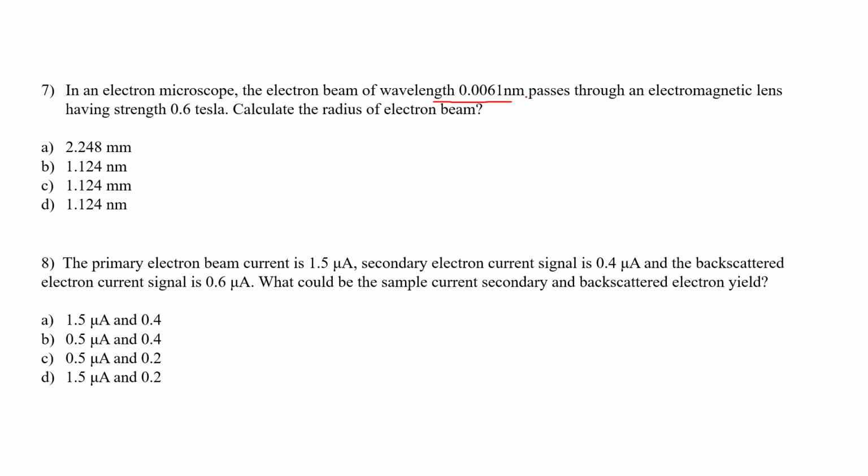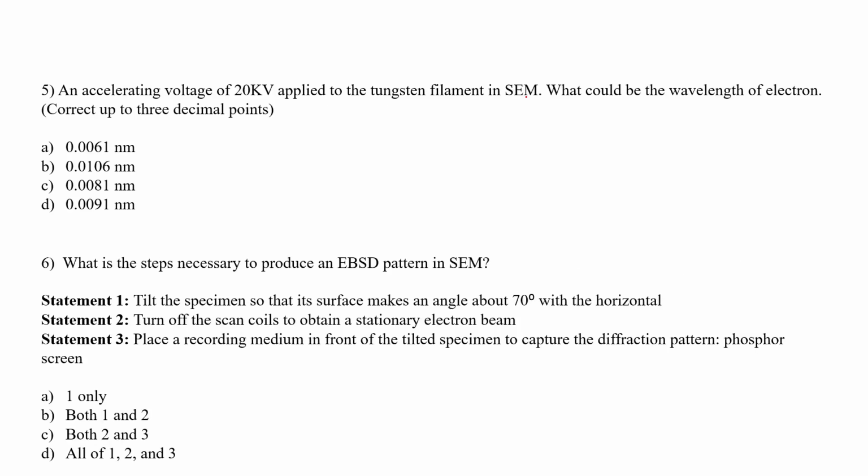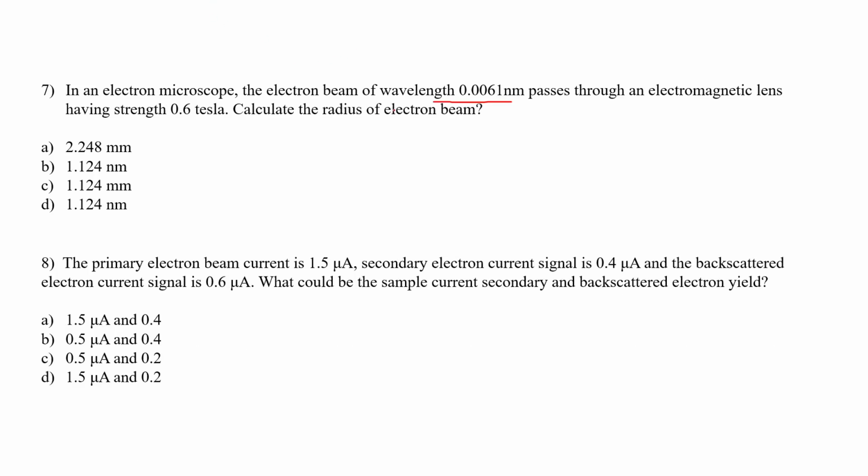I'll give you 2 minutes. Everyone, please try it. We discussed this in question number 5. Please try to calculate the energy of the electron using this wavelength and the concept which we discussed in question number 5.